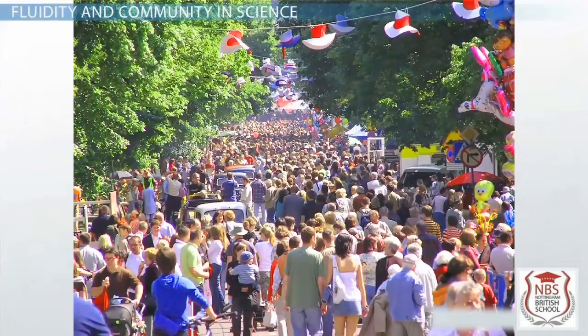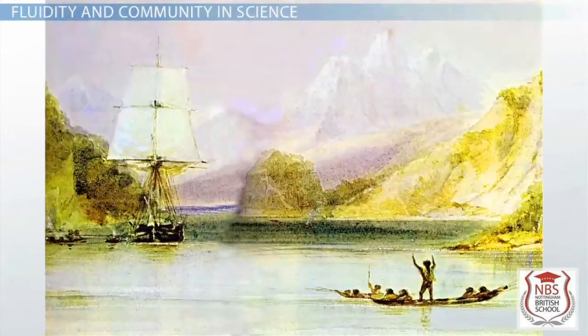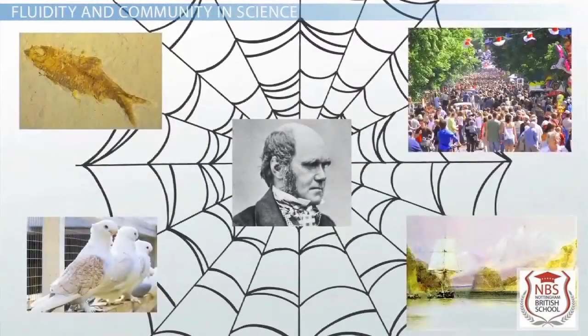He studied theories of economics and population by Thomas Malthus. He bred fancy pigeons and collected natural artifacts on his farm. And yes, he took an amazing voyage to study exotic creatures around the world. Darwin wouldn't have come up with his ideas about evolution without combining all of these influences. It took some creativity and 20 years of research to put all his ideas together. Darwin's work shows that the scientific method is really a fluid, integrated process.